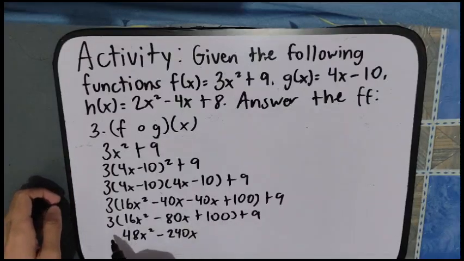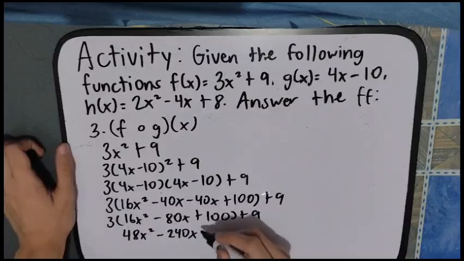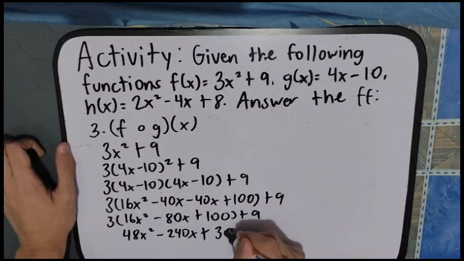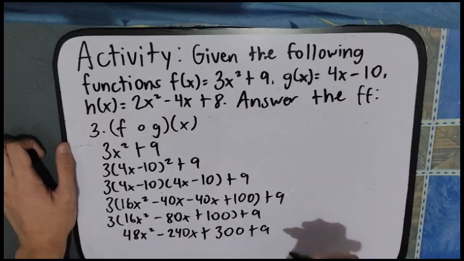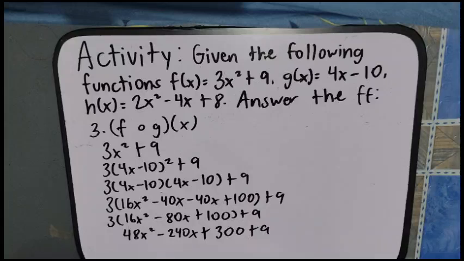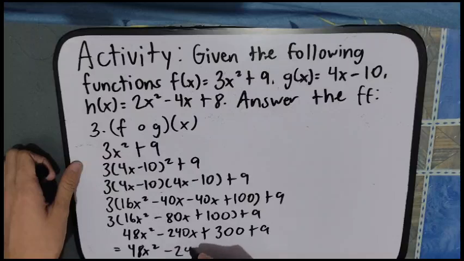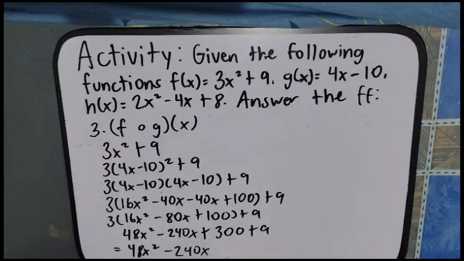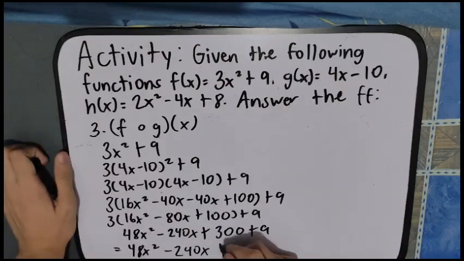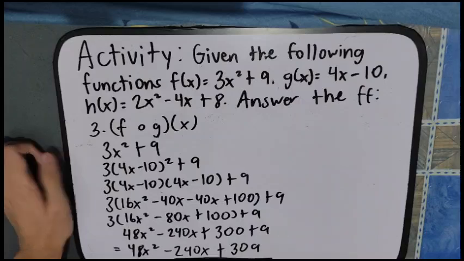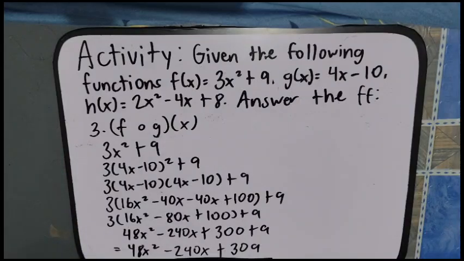After that, 3 times 100, we have the answer of positive 300, then copy 9. After that, we're going to combine like terms. Copy 48x squared and negative 240x. Here, we're going to add 300 to 9. So 300 plus 9, we have the answer of positive 309. This is the answer for number 3.